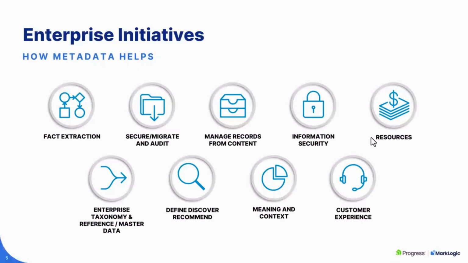We can do things like compliance and audits. With KMM alone, you can have your taxonomy and ontology managed in there. Meaning and context, you can determine the aboutness of document, like I mentioned earlier, and even customer experience.